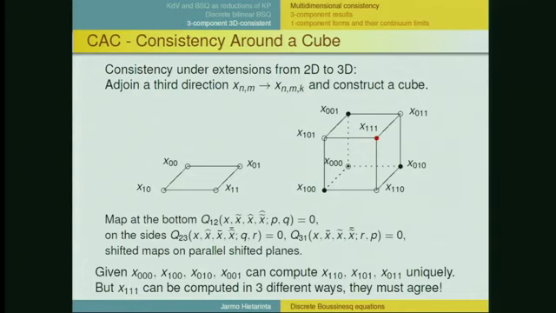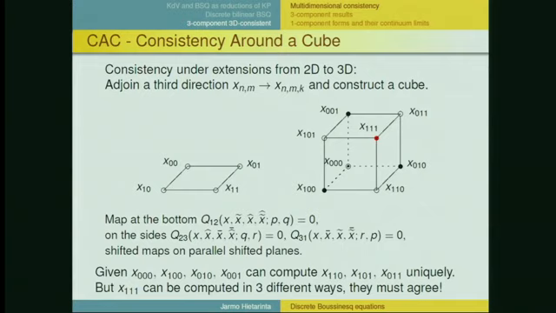Okay, so what is the problem here? If we are given values at this point, this point, this point, and this point, then using this equation I can calculate this, using this equation I can calculate this, and in the back I can calculate that. But now I have three ways to calculate the red value, this way and this way.